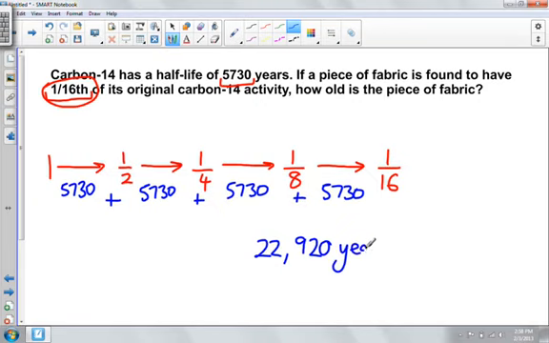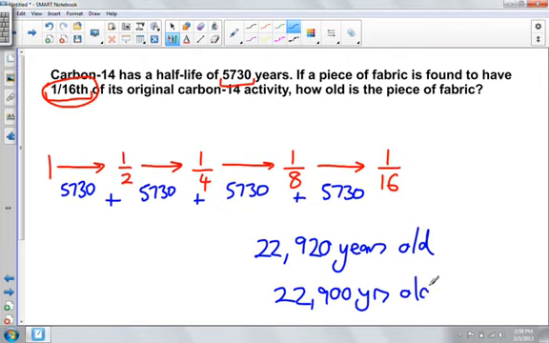That's how old it is. Now, of course, this is 3 significant figures. If you had to express this to 3 significant figures, it would be 22,900 years old. But that's the way that works.